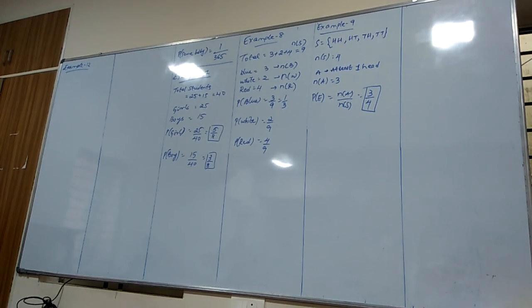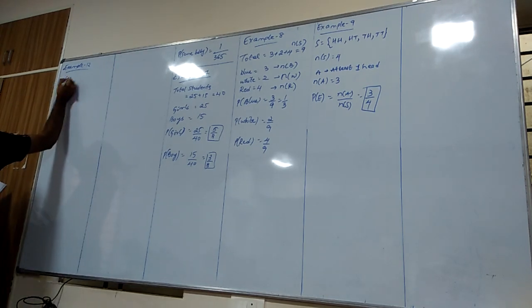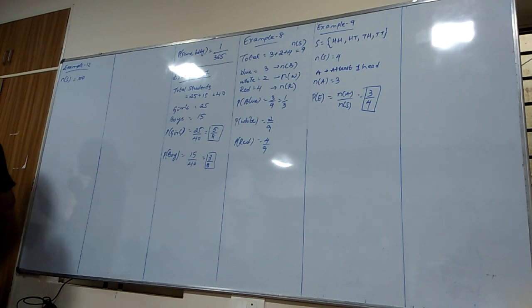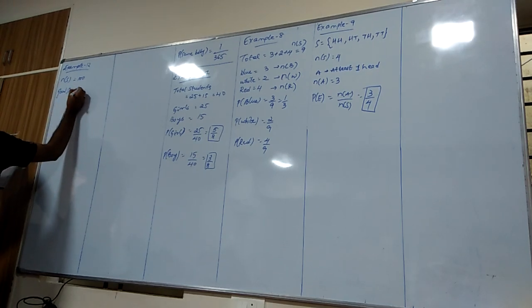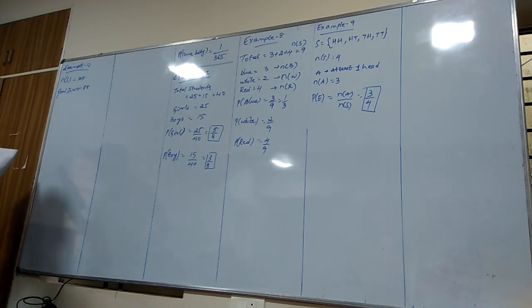Okay. What is the total number of shirts? 100. So I will take it as n of S. Total number of shirts is 100. So what is the number of good shirts? 88. Good shirts are 88.